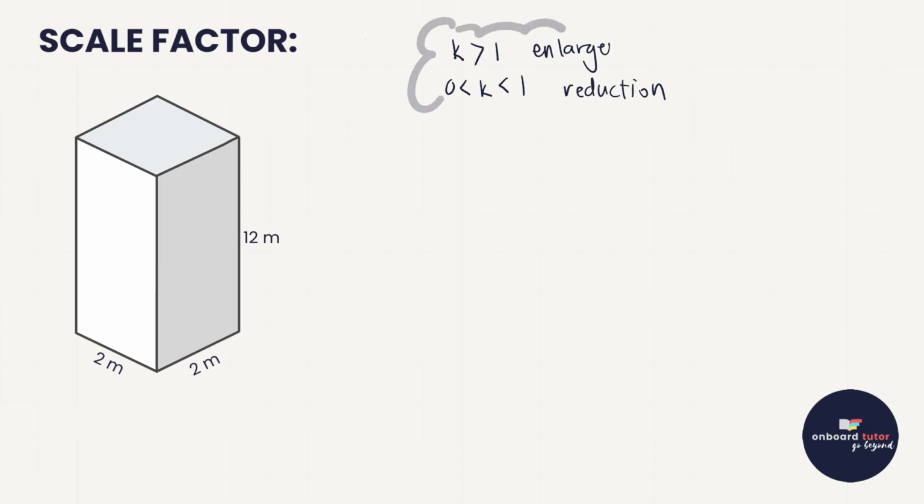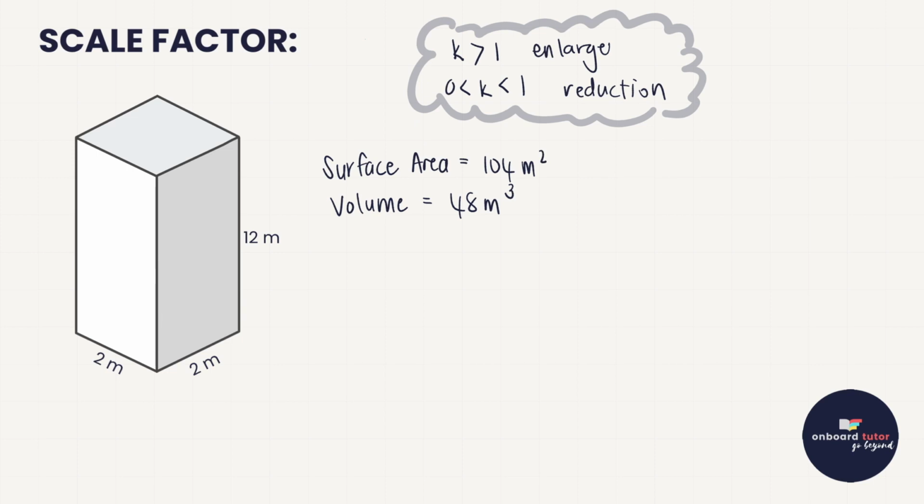All right, so they might say to you, okay, this entire shape here is enlarged by a scale factor of 3. What is the new surface area and the new volume? So for the sake of time, I've just worked out, based on the formulas we looked at right at the beginning of this video, the surface area and the volume of this shape.